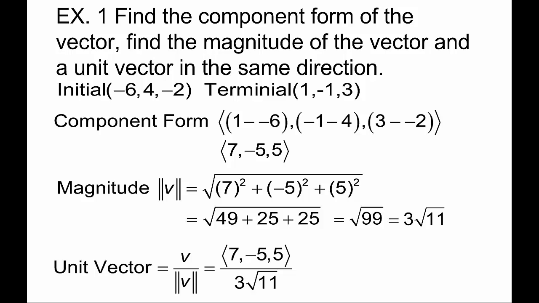So that would be square root of 11 over 3 times the square root of 11 times the square root of 11, which would simplify to 33 on the bottom. And instead of distributing this fraction with the square root throughout, I'm just going to leave it as the square root of 11 over 33 times the vector <7, -5, 5>. If you want to distribute, you can, or you can leave it this way.